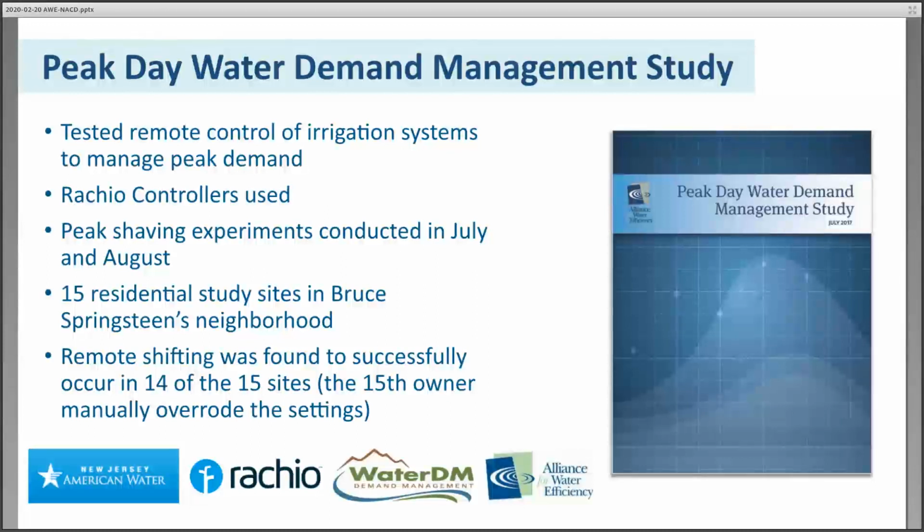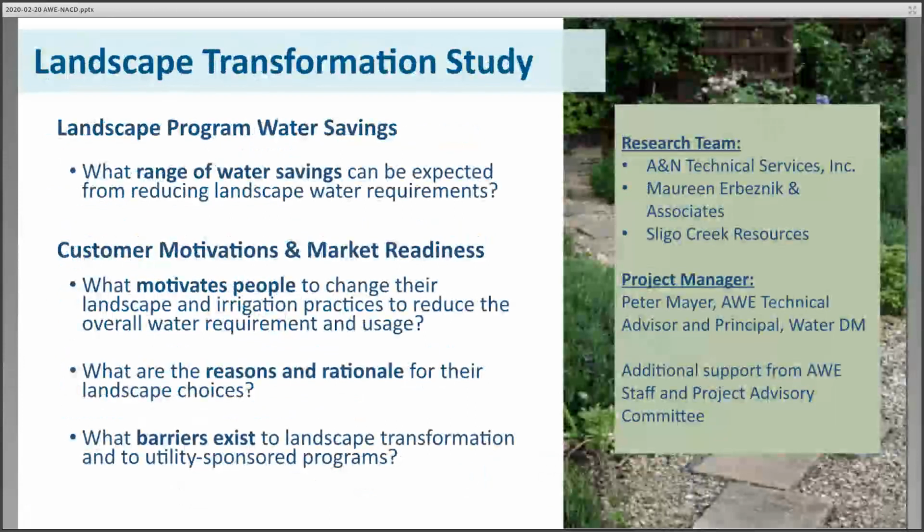So those homes ultimately ended up irrigating their lawns, just not at that specific time. One homeowner did override the settings and decided they didn't want to participate. But largely it was a success, and it kind of just shows what technology is here, but also what's around the corner in terms of technology related to irrigation controllers.